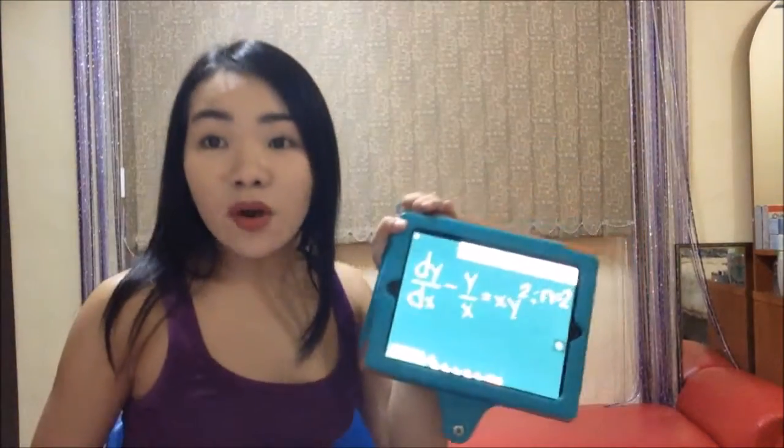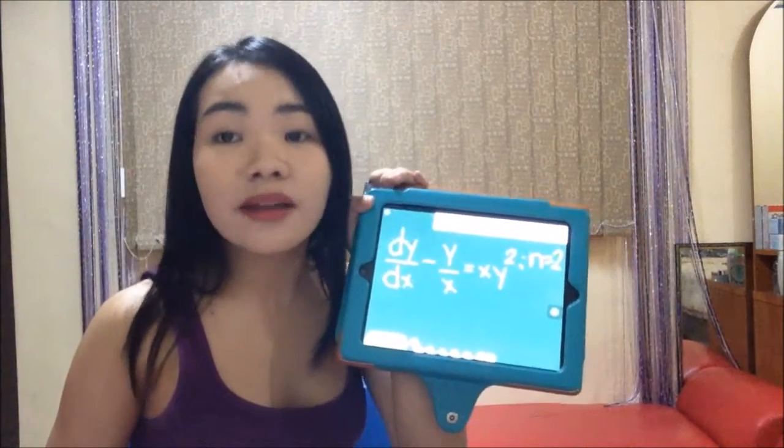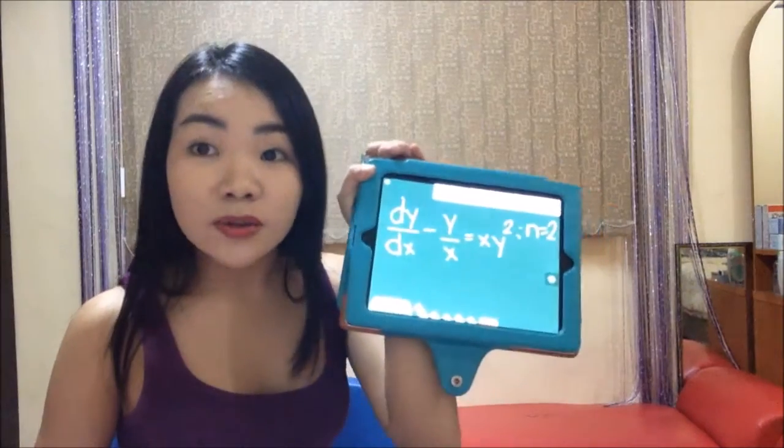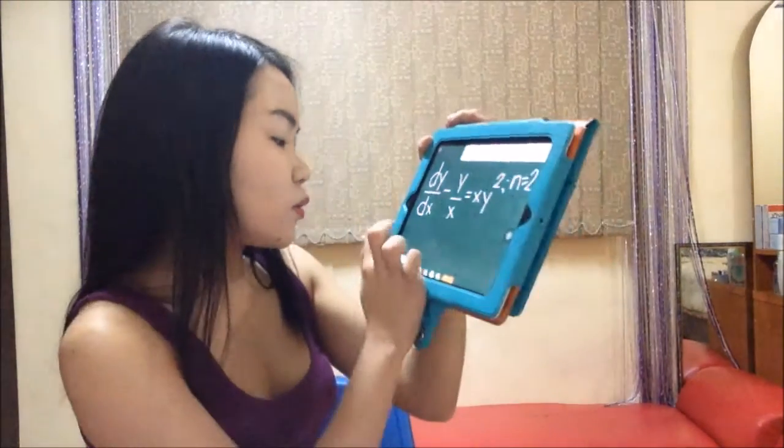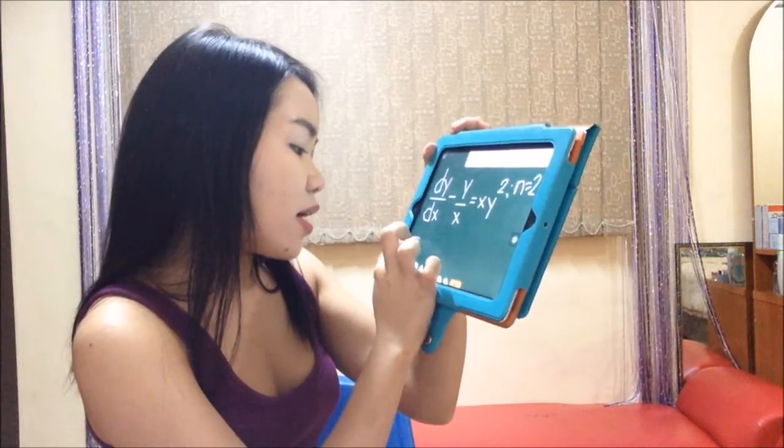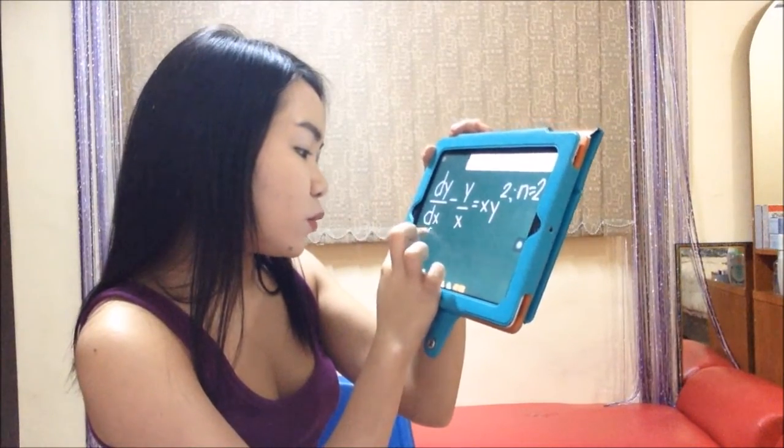So, we're going to try the 1 minus n times y raised to negative n. 1 minus 2 is negative 1, so negative y raised to negative 2.